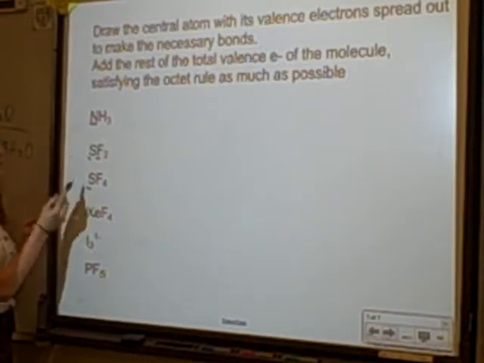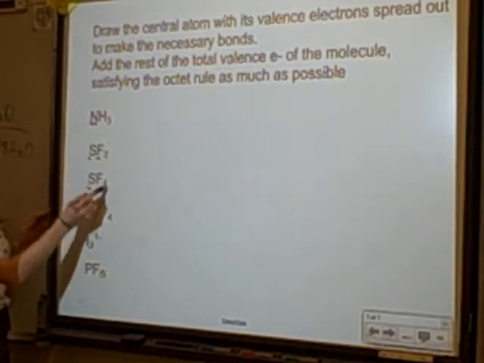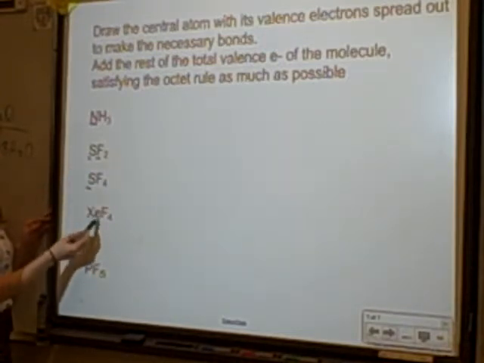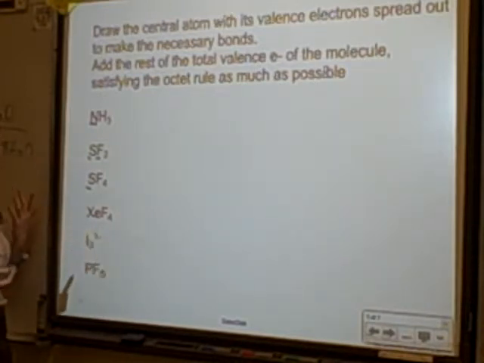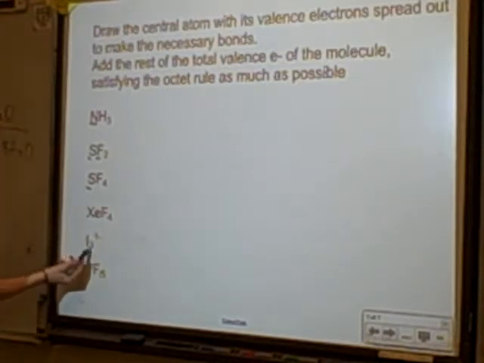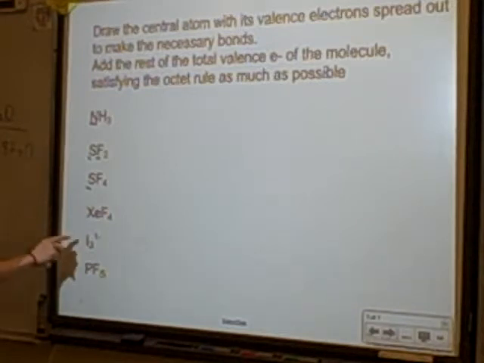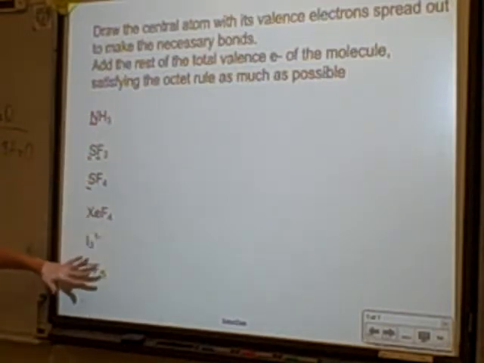Sulfur is going to make 2 with the fluorine. The sulfur will make 4 with the fluorine. Xenon making 4 bonds. That's weird, but now I know I can break the octet rule. Rarely happens, but it can. This iodine is going to be in the middle of 2 other iodines, so it's going to be making 2 bonds.